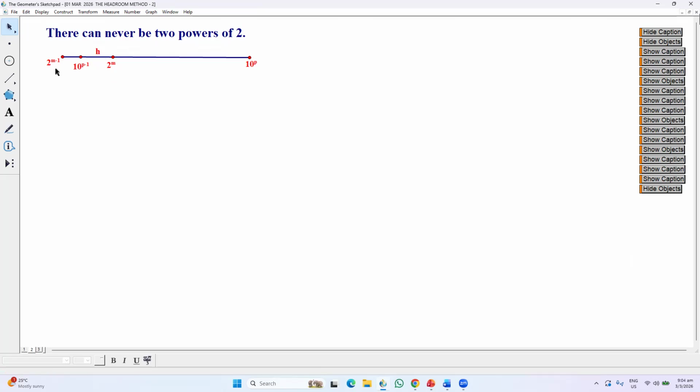So 2 power m minus 1 is smaller than 10 power p minus 1. If H is large, is it possible to have only 2 powers of 2? If H is large, that means 2 power m minus 1 is close to 10 power p minus 1. Is it possible that only 2 powers of 2 occur?